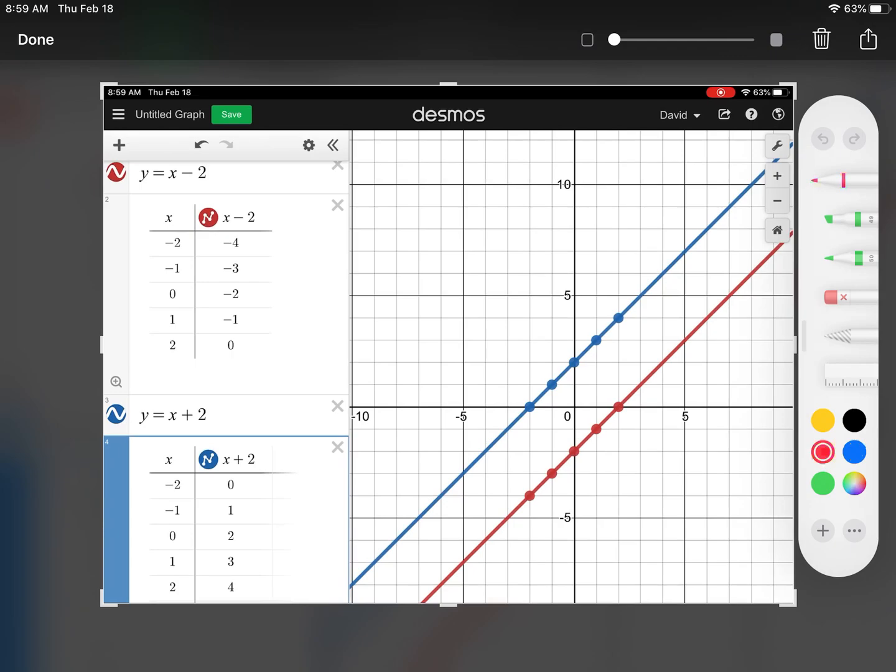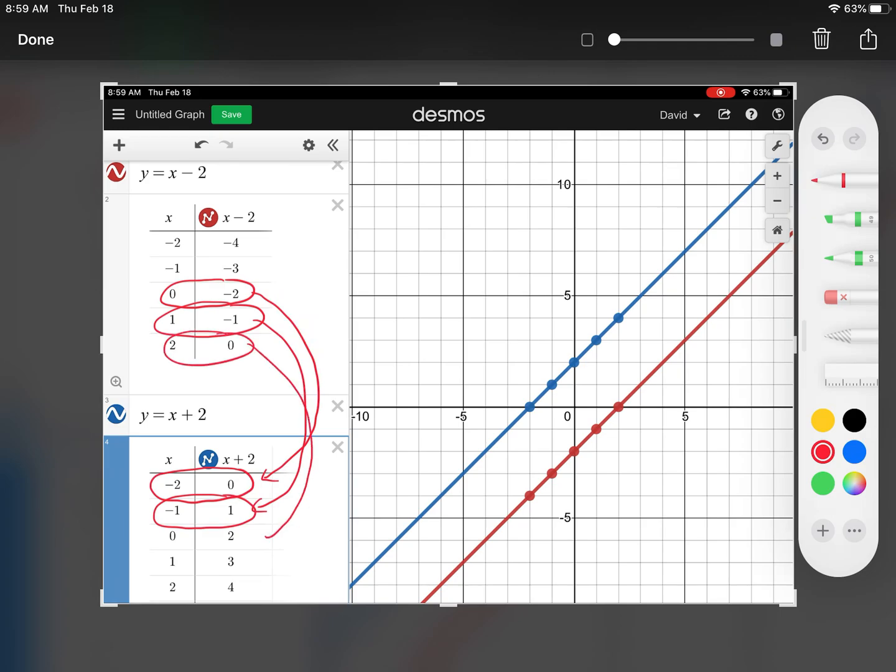So let's look here. It's kind of hard because some of these values don't show up, but this one changes, right? 1, -1, that changes, doesn't it? And 2, 0, that changes as well, right?